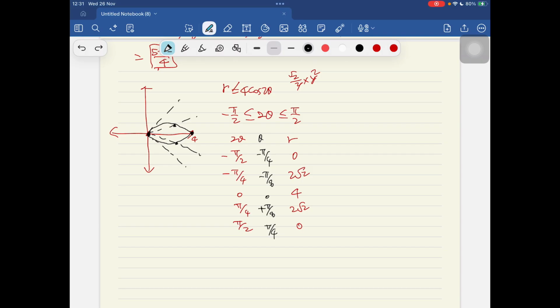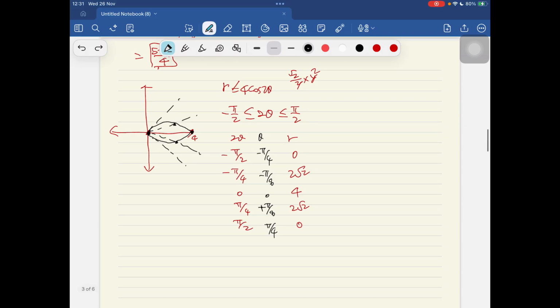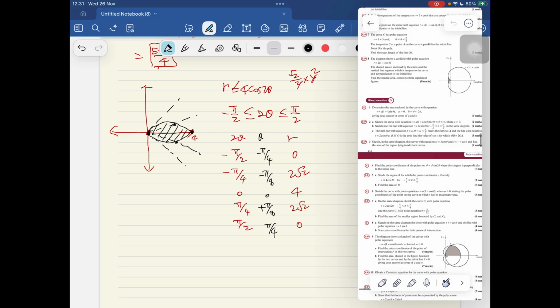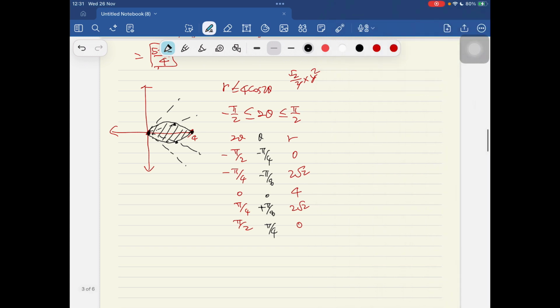After this, the area of R, so here is inside here. And area of R, we can make it from 0 to pi over 4.